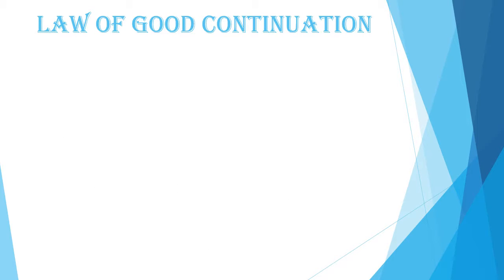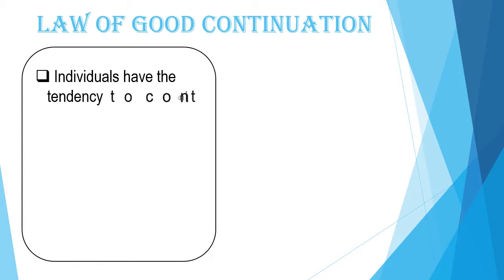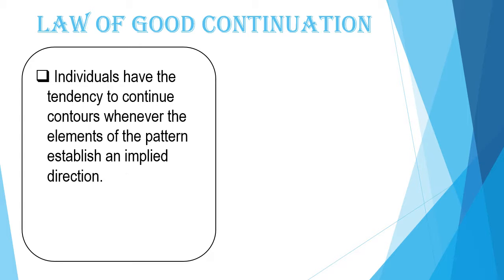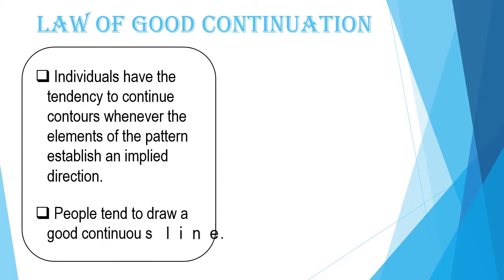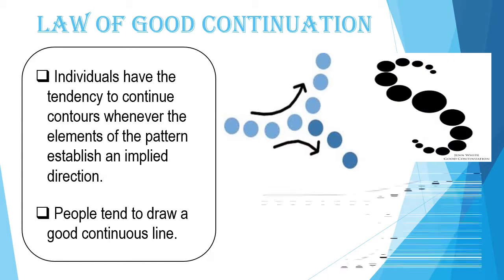Next is the law of good continuation. Individuals have the tendency to continue contours whenever the elements of the pattern establish an implied direction. People tend to draw a good continuous line, just like in these pictures.